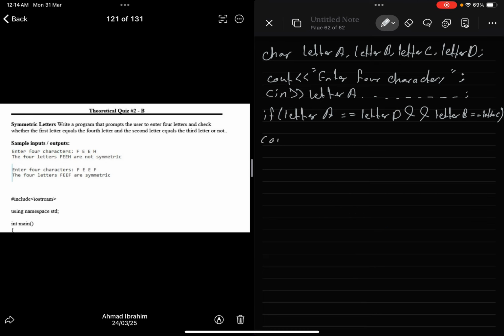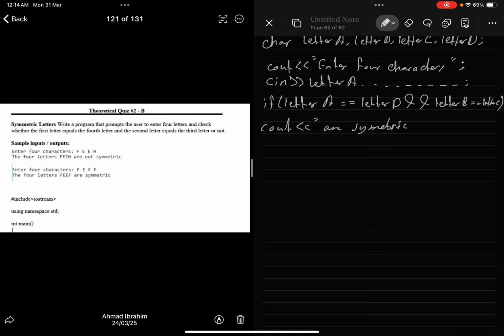So here we have cout: "The 4 characters are symmetric."